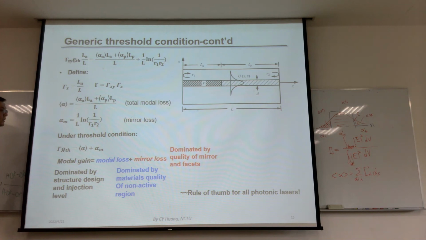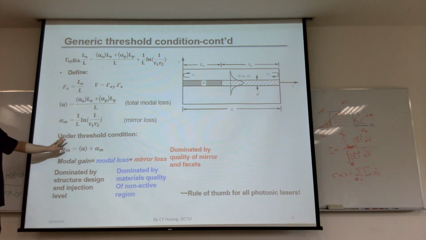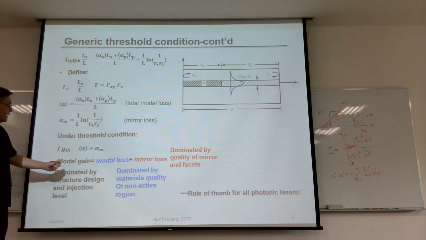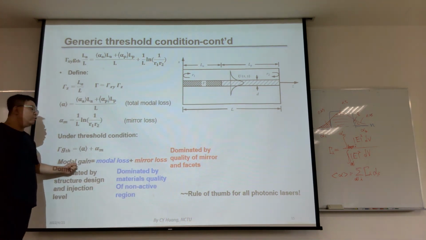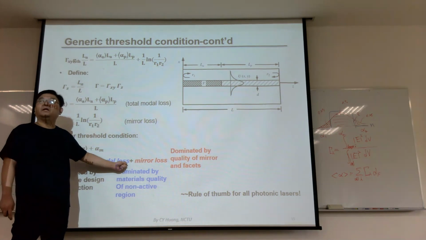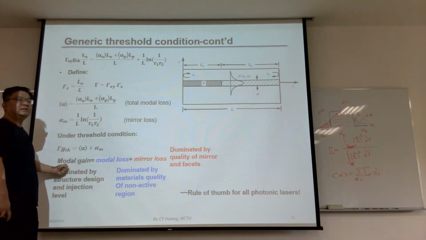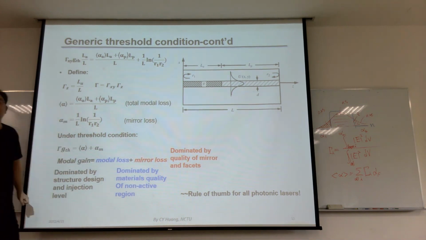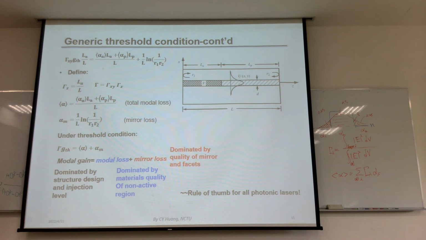Or in a simpler way, while the laser is operating, the gain provided by the quantum well needs to overcome all the loss caused by the cavity. Or gain is equal to loss. That is the rule of thumb of the semiconductor laser.